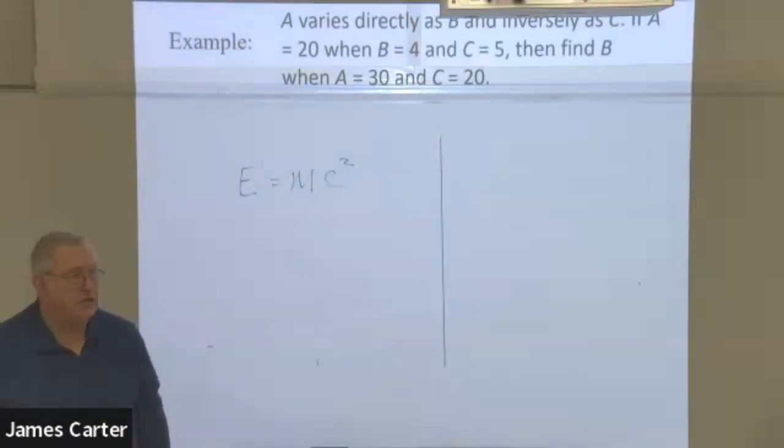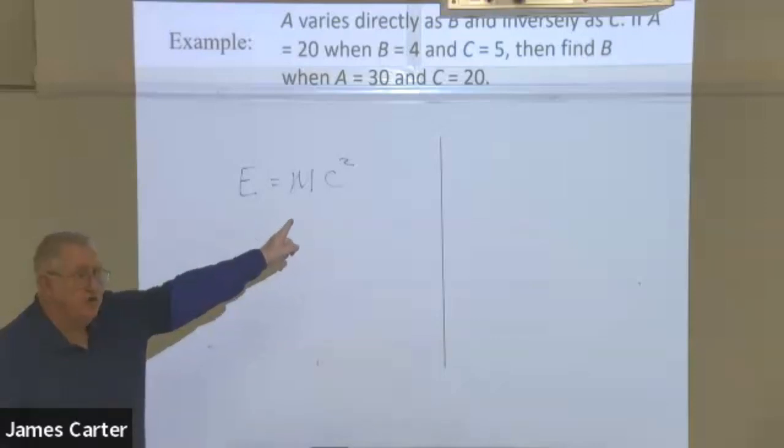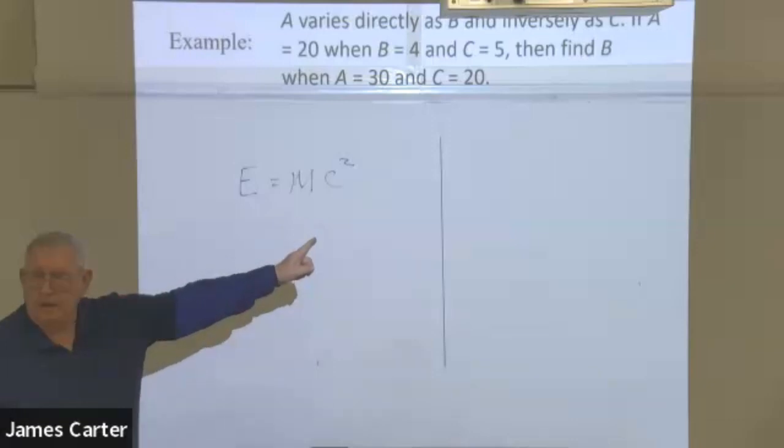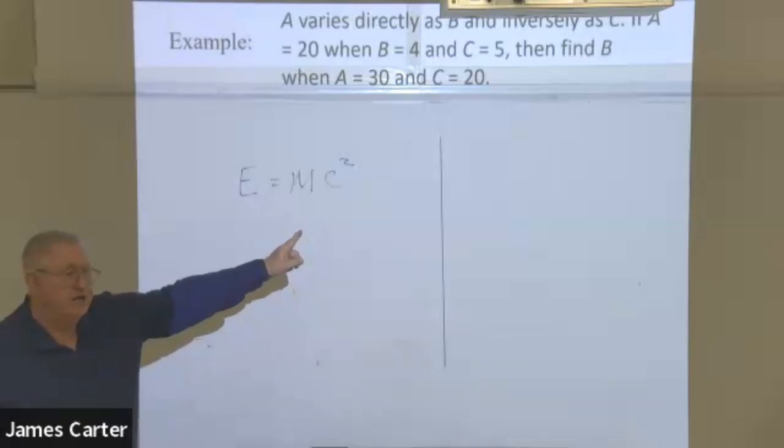It's the atomic energy formula. Energy equals mass times a constant squared. Now, I'm going to tell you in this formula, the constant squared is 186,000 feet per second squared. That's the constant on that formula.